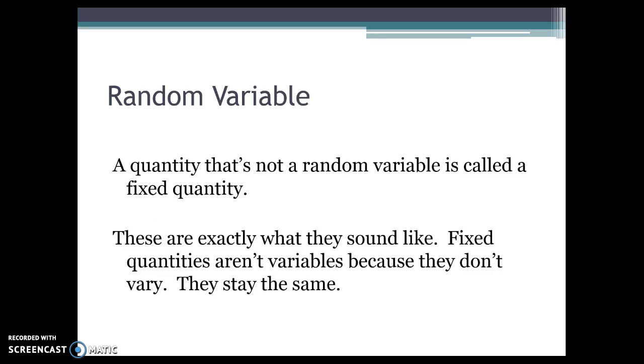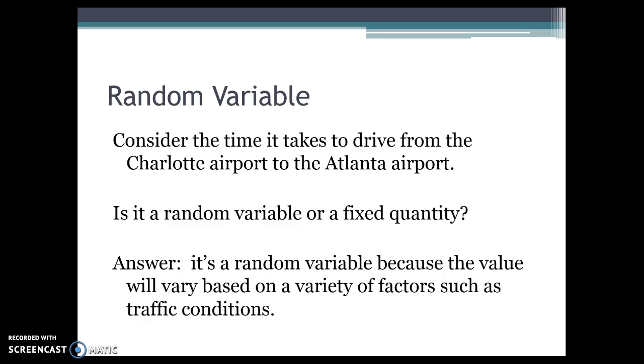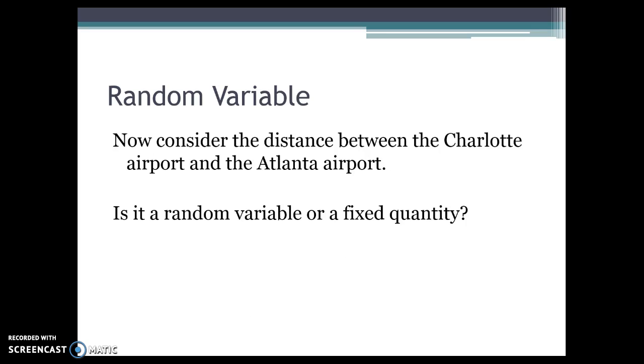If it's not a random variable, it's a fixed quantity. Fixed quantity is exactly what it sounds like. So let's look at an example. Let's look at the time it takes to drive from the Charlotte airport to the Atlanta airport. That's going to be a random variable because the amount of time it takes is going to vary based on a lot of different factors.